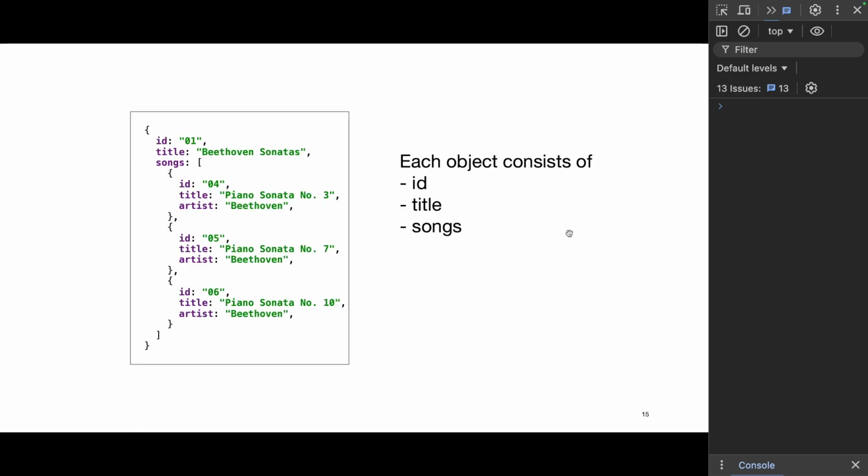So just zooming in on that a bit, because it was quite small, we can see just here we have our ID defined, say as number 1. We have our title, and that's the album title. I don't know, do you call it Beethoven's albums, or whatever. And then we have our songs, which is an array of objects with each of them having the same properties or attributes or field names within them.